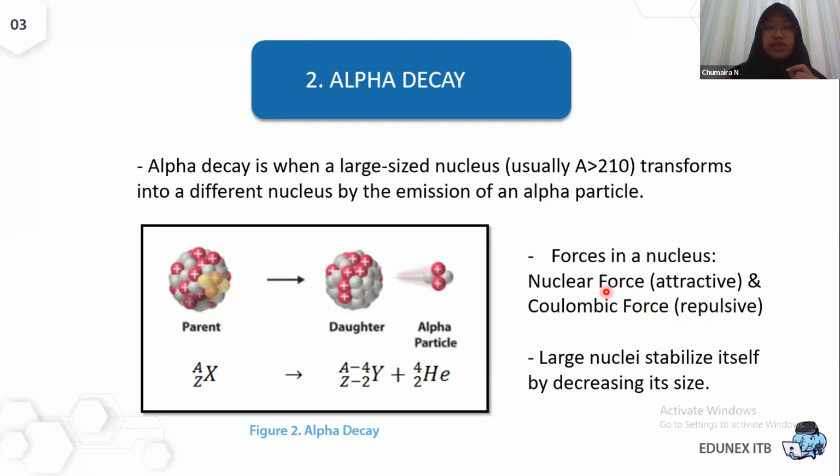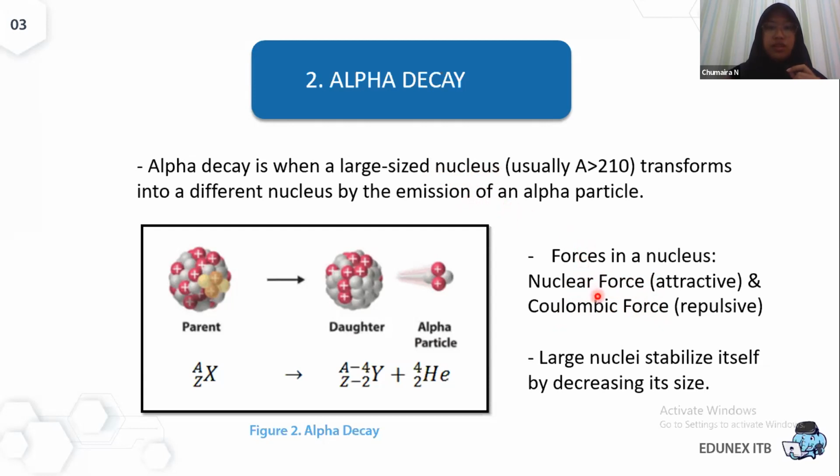So now typically inside a nucleus, the nuclear force is larger than the Coulombic force. It dominates over the Coulombic force, keeping the nucleus together. But the larger the size of a nucleus, the larger the distance of the nucleons.